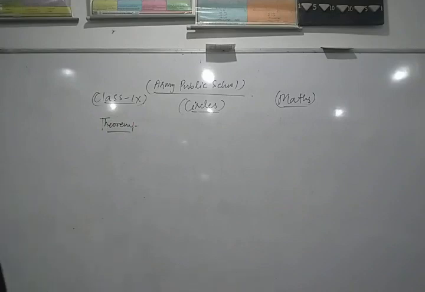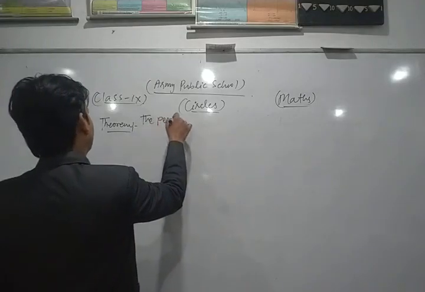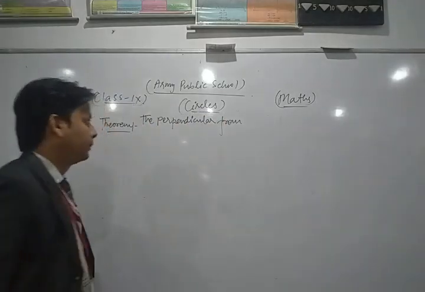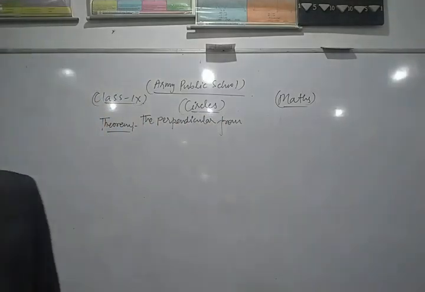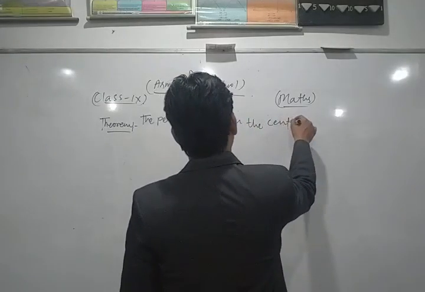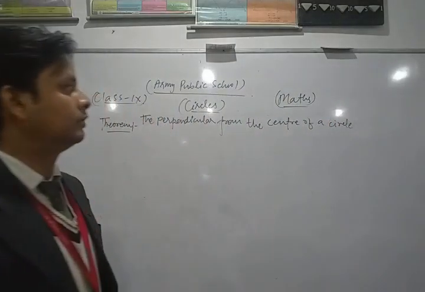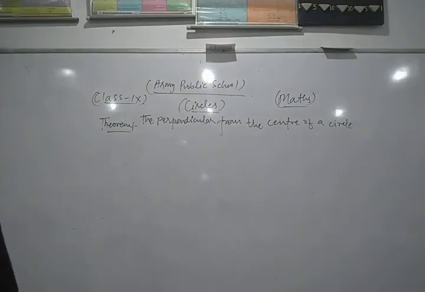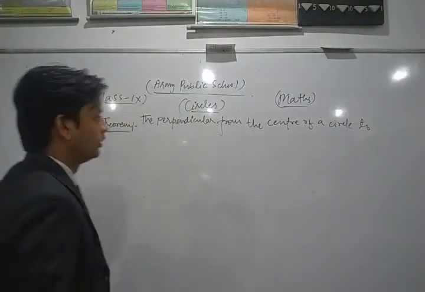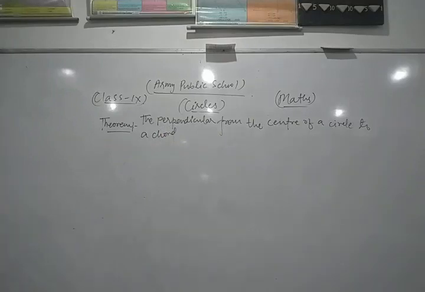The theorem is: the perpendicular from the center of a circle to a chord bisects the chord.